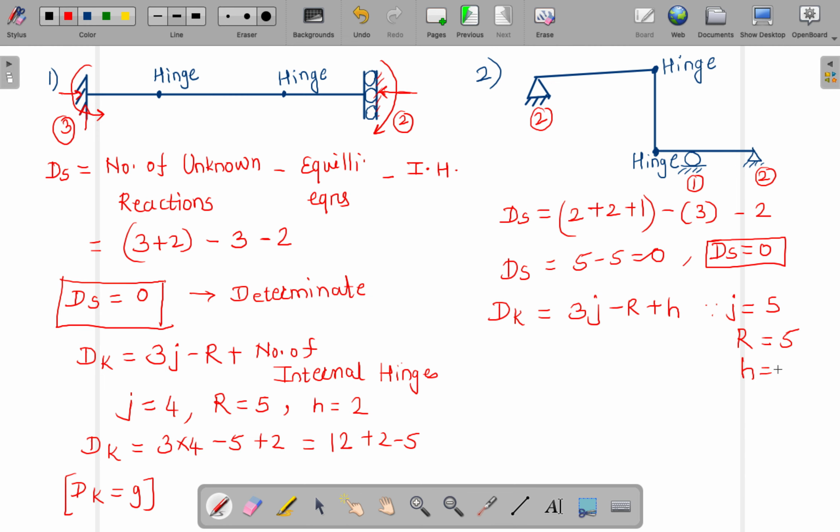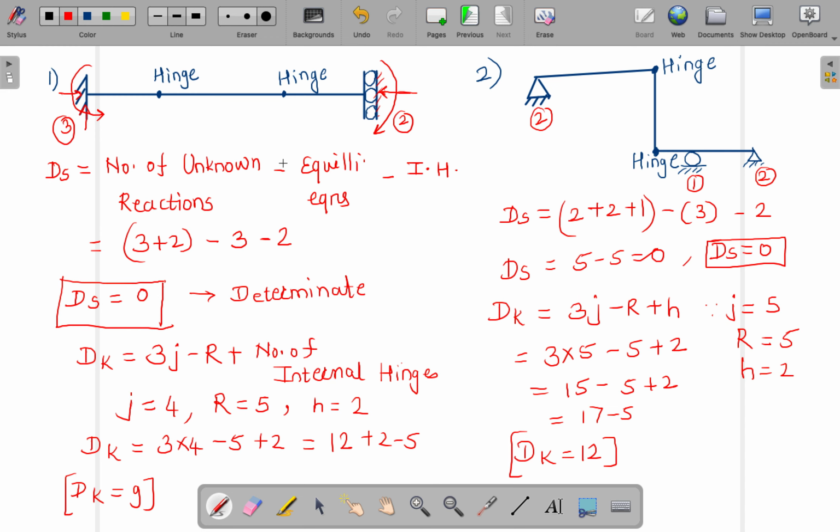Then internal hinges are 2. Substitute: 3 into 5 minus 5 plus 2. So 15 minus 5 plus 2, that is 12. That is dk. Kinematic indeterminacy is 12. So degree of freedom is 12 for this particular beam.